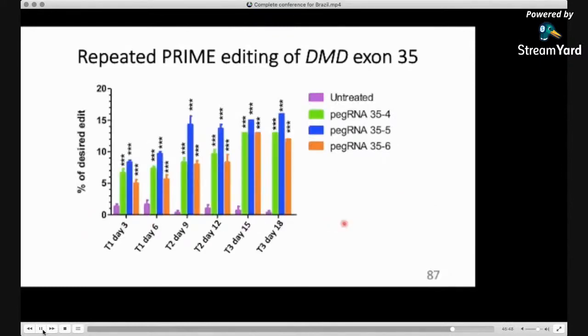We have amplified exon 35 by PCR at each of the extraction days and sequenced it by Sanger and analyzed the sequence. As you can see, the percentage of genome editing increased from day 3 to day 18 with the repeated treatment. And this was the case for all 3 pegRNAs that were targeting exon 35.